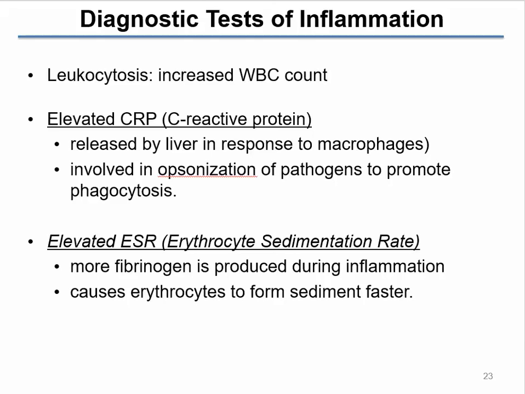Another test that they use to look at specific things is the C-reactive protein, and you'll hear about CRP, elevated C-reactive protein. This is a protein that's released by the liver and goes out into your body, and it is used along with complement to enhance phagocytosis by increasing opsonization, making the phagocyte able to grab hold of the pathogen.